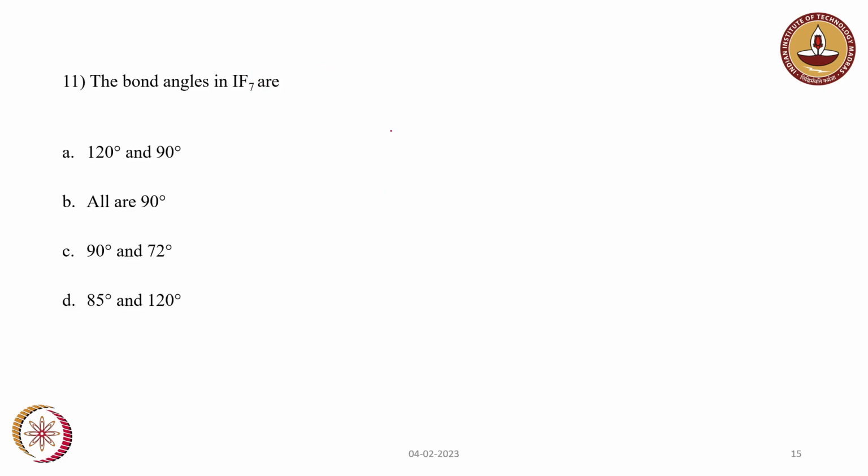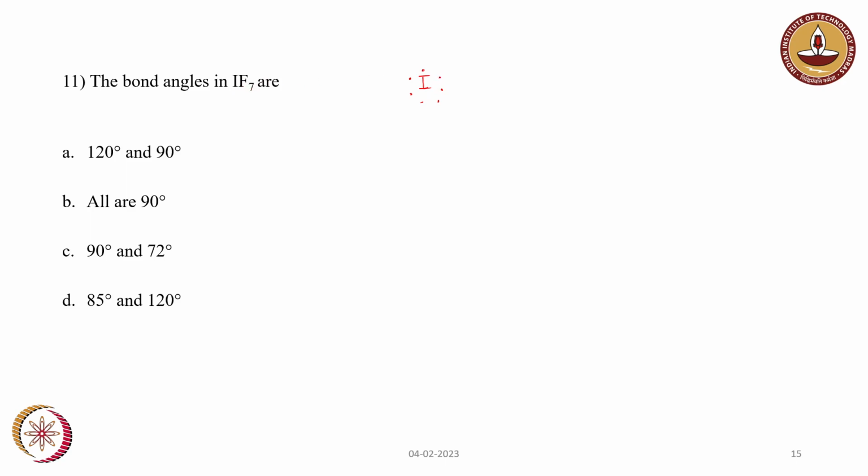If we consider I as the central atom, it's in the halogen group, and halogens have 7 valence electrons: 1, 2, 3, 4, 5, 6, and 7 electrons in its valence, and it is bonded to 7 fluorine atoms.